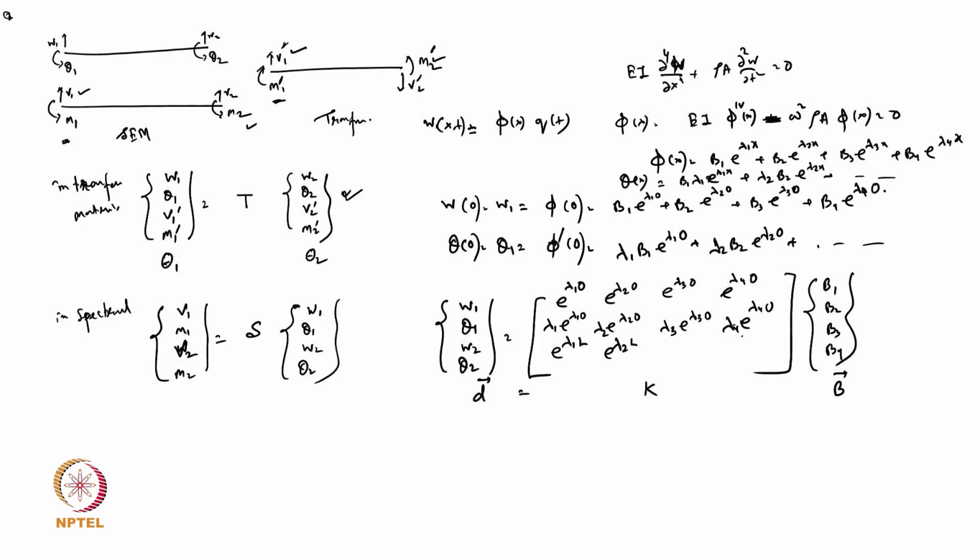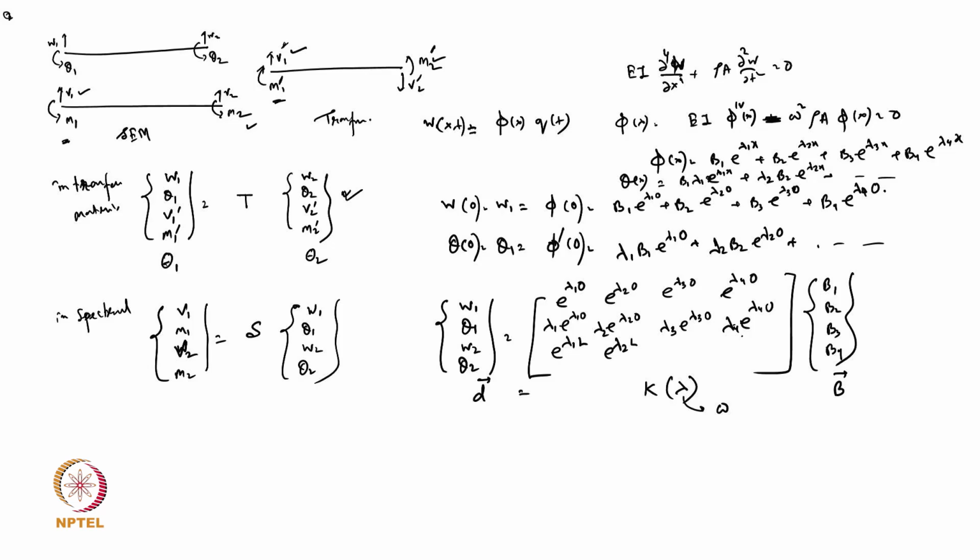So this matrix is known if lambda is known, or we can say it is dependent on lambda. Lambda is also dependent on omega, so we can say k is dependent on lambda or omega.